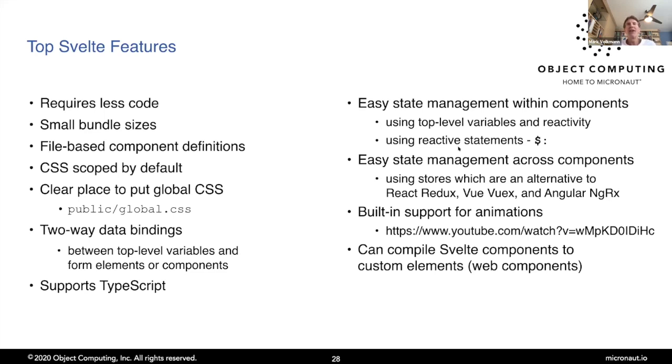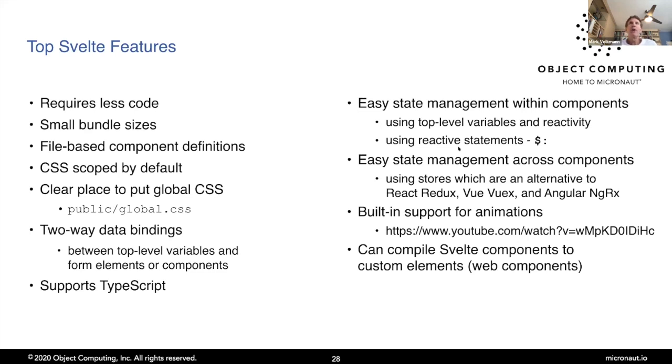So just thinking within a component, any top level variable I declare within the JavaScript for that component, if I use it in my HTML, then that becomes a part of my state and it's reactive. And what that means is that if I change the value of a variable and I'm using that to render something, then what I render is going to be automatically updated. I don't do anything extra to make that happen.